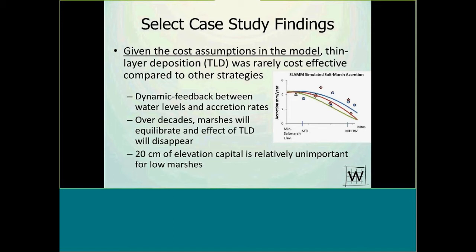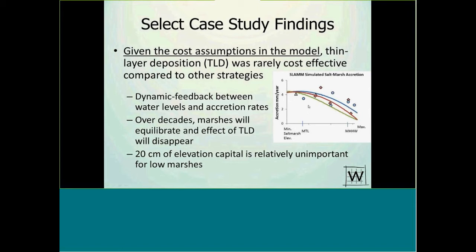Now, given the cost assumptions that we had in the model and the assumptions in terms of how it was going to be implemented, we did not find that thin layer deposition was cost effective compared to other strategies. And part of the reason for that is that we have a dynamic accretion feedback model in the model, which shows that as marshes increase in elevation, as you move to the right here, their elevation change decreases.